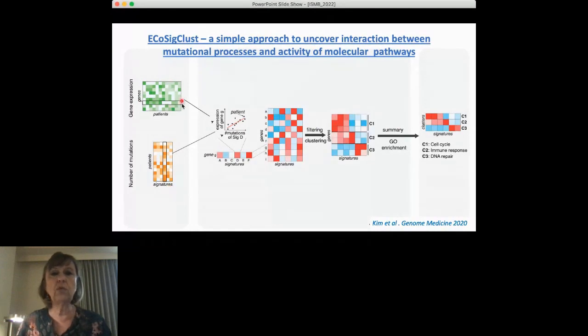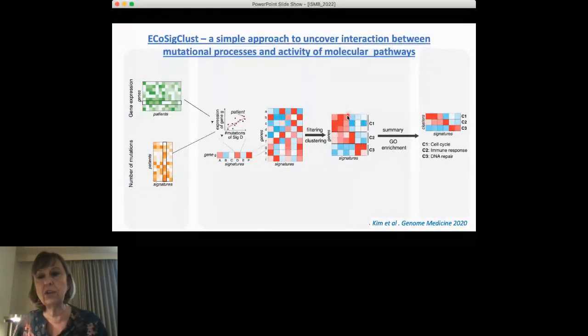So this allows us to consider every pair of gene and signature and ask whether the expression of a given gene is correlated with the strength of a given signature. Many of those correlations will be non-significant, so we dropped them. But the remaining significant correlations will lead to the signatures by gene expression matrix that we would like to explore more deeply.